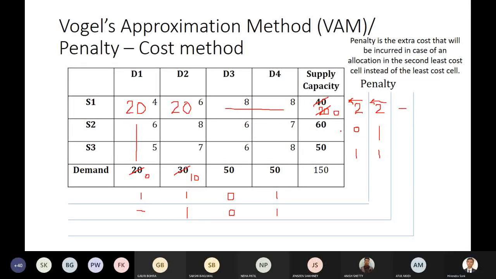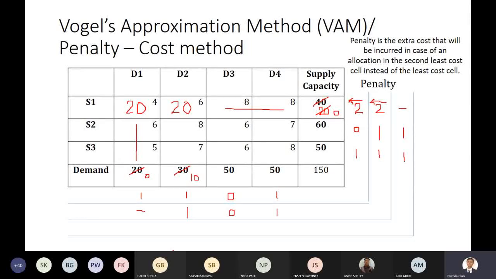So this has been done. We will recalculate our penalties. When we recalculate, what will be our penalty along this row? 6 and 7, so 7 minus 6 would be 1. Similarly for this, 6 and then 7, so 7 minus 6 would be 1.